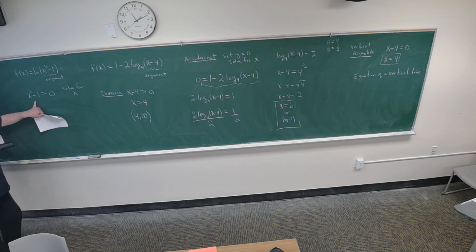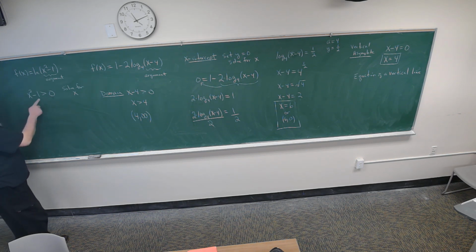Okay. So steps for solving a quadratic inequality: make sure 0 is on one side of the inequality symbol, which we have. Okay. Second step is to factor the quadratic. So we set the quadratic equal to 0, and then we factor it.